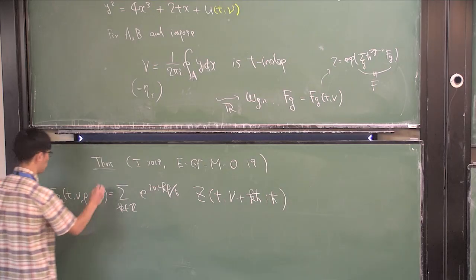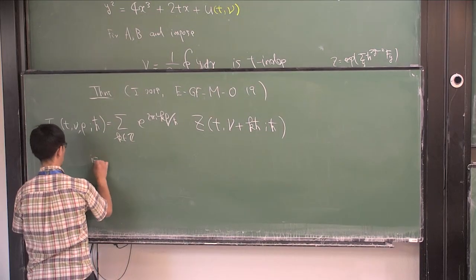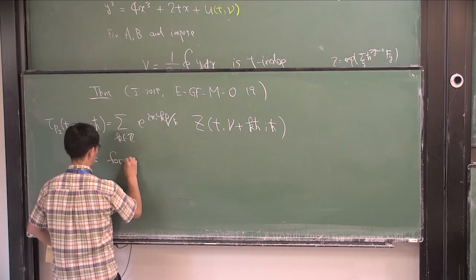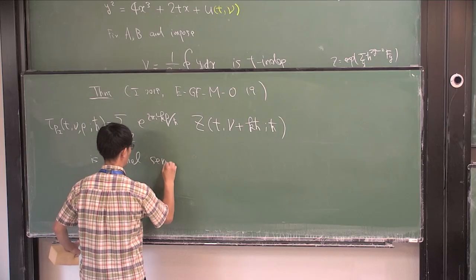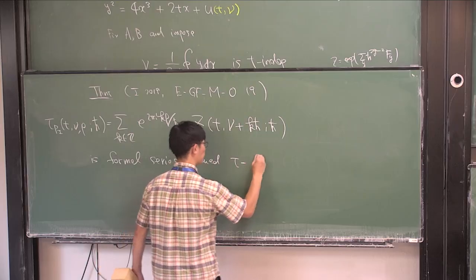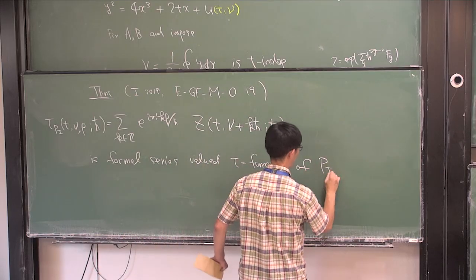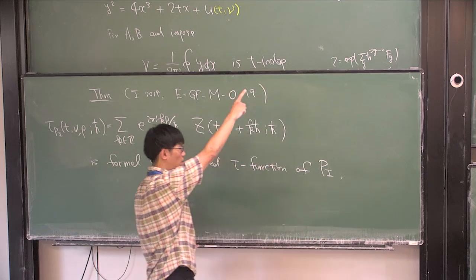The claim is that this one is a formal series valued tau function of Painlevé I, which is written there.